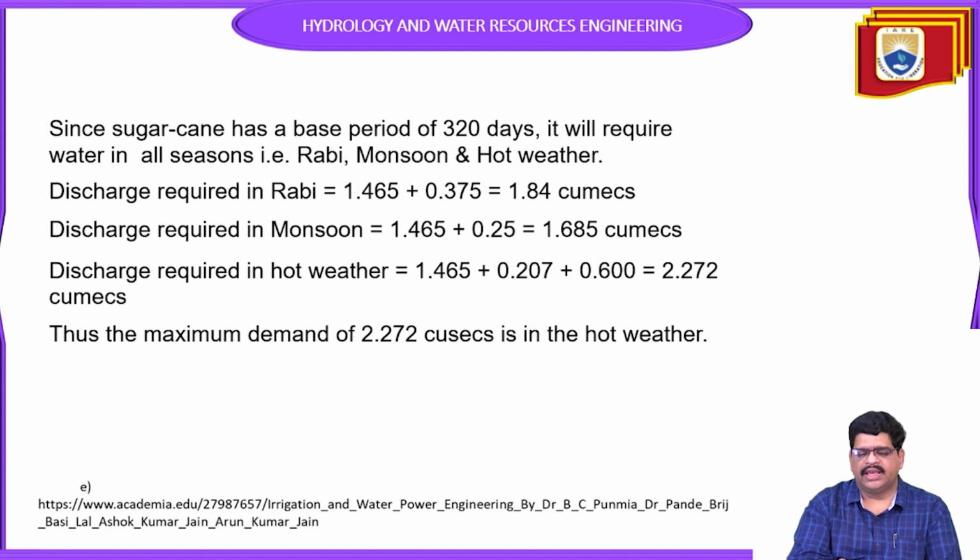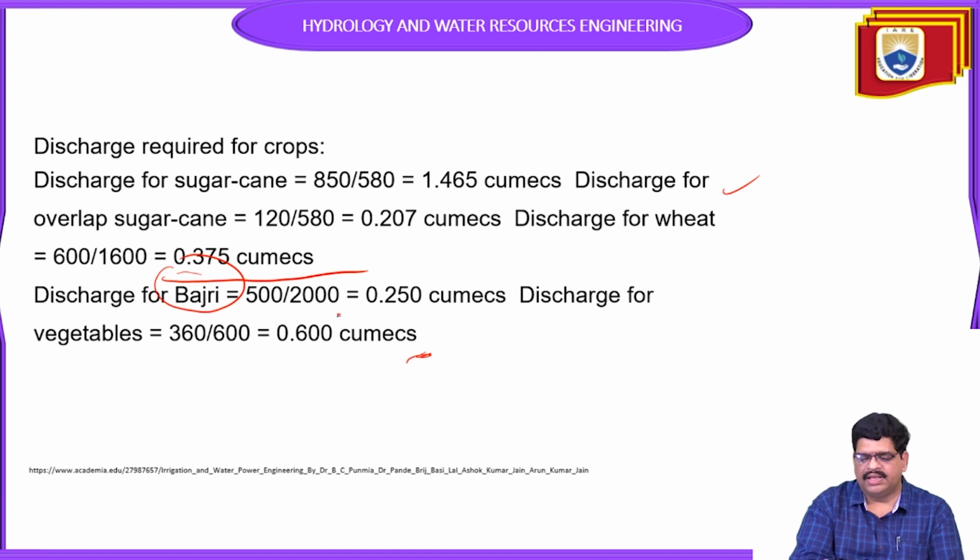Next, sugarcane of the Rabi season of 320 days was given. Discharge for the Rabi is 1.465 plus 0.375, where 1.465 is the discharge of the sugarcane and 0.375 is the overlapping sugarcane value.